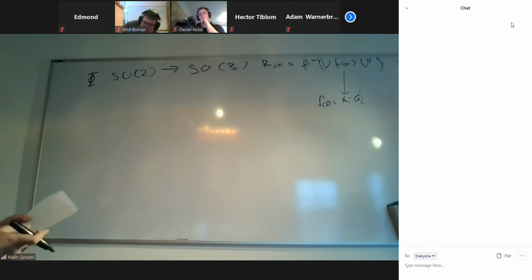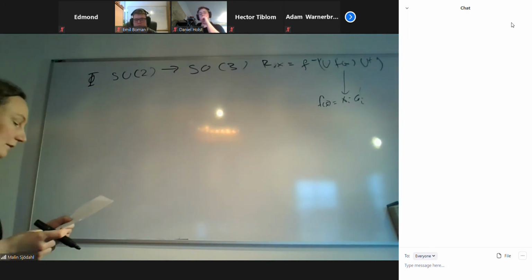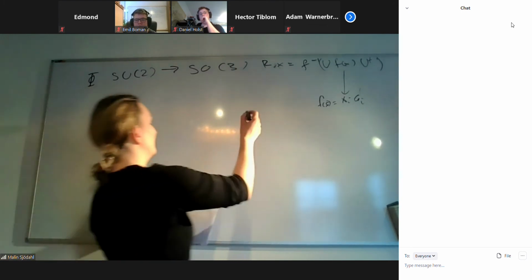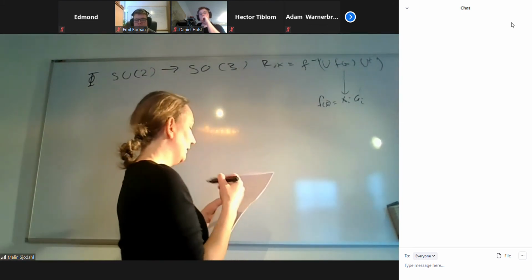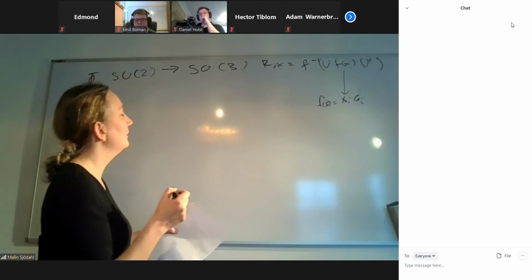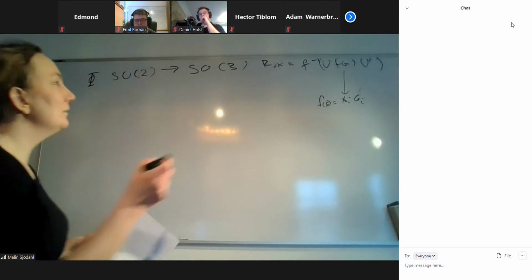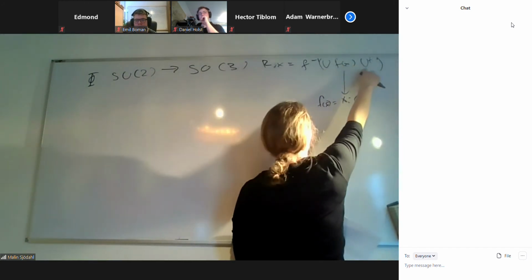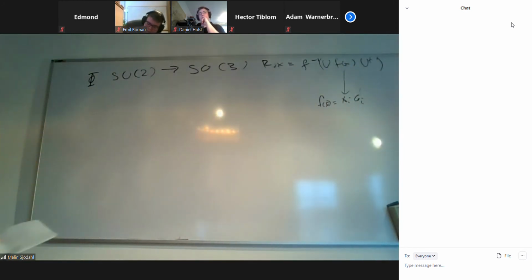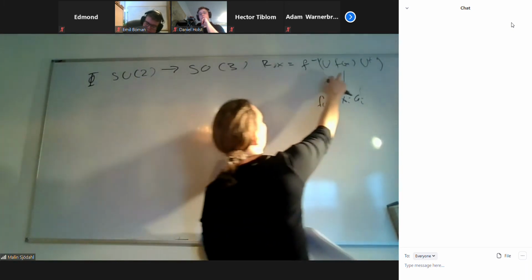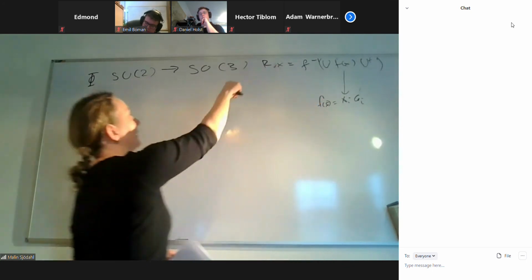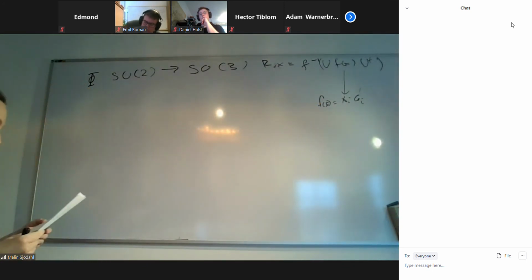And the task is find the general connection between R, the rotation matrix in SO3, and U, the rotation matrix in SU2. So we should derive the formula for R in terms of U, so U in the middle will define an R.